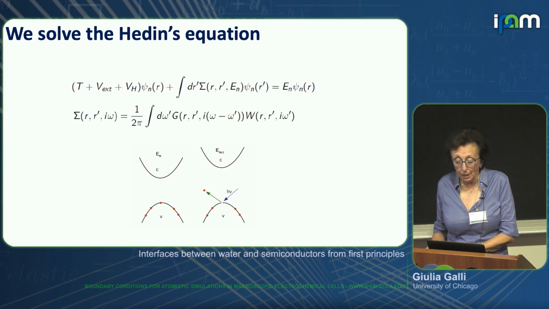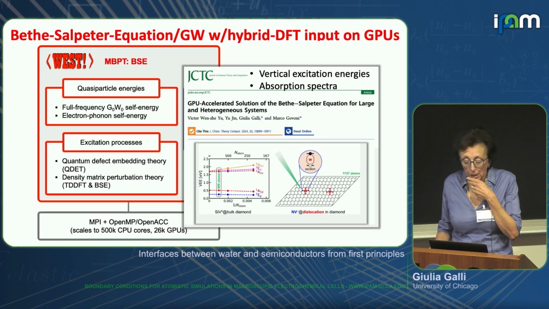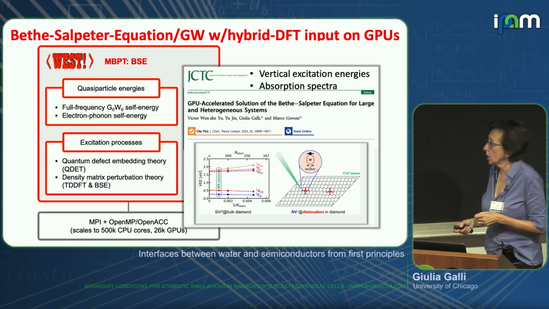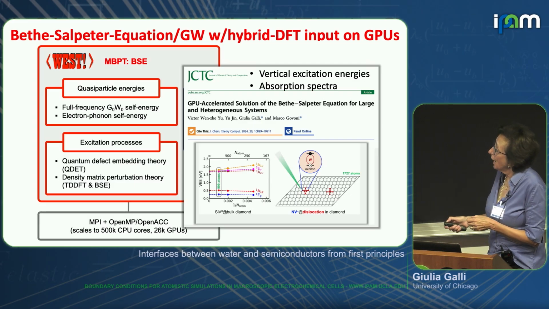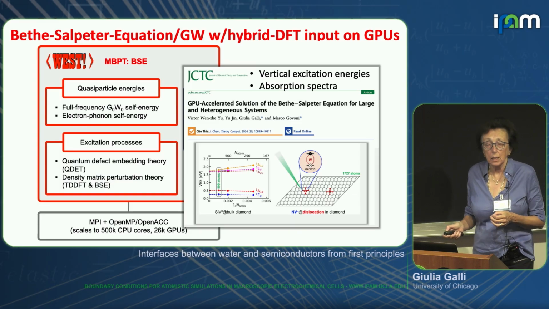You can then use the same techniques to solve the Bethe-Salpeter equation to get a neutral excitation. And what we have now is the ability to solve Bethe-Salpeter starting from GW on top of hybrid functionals.